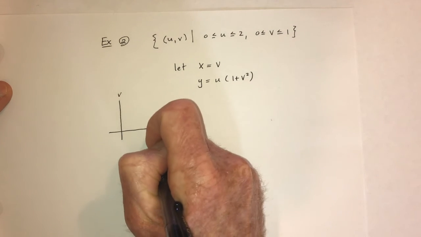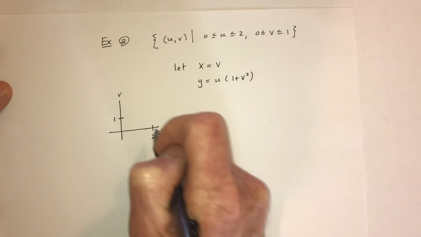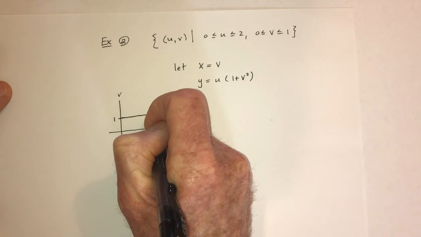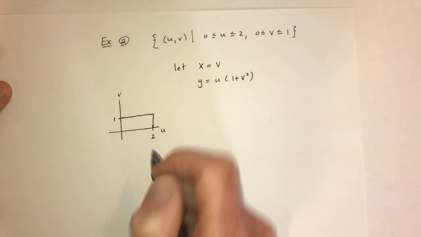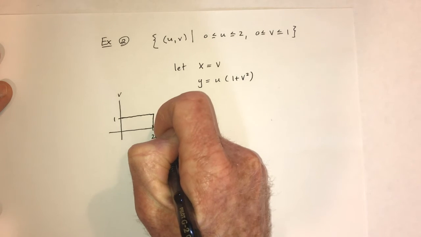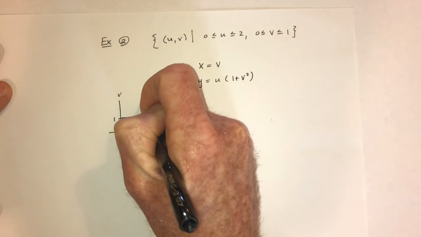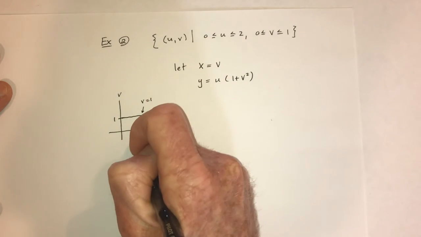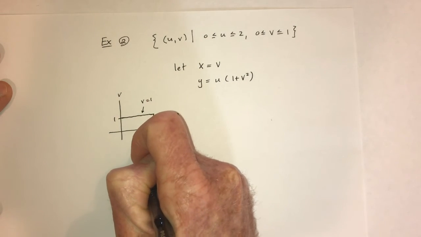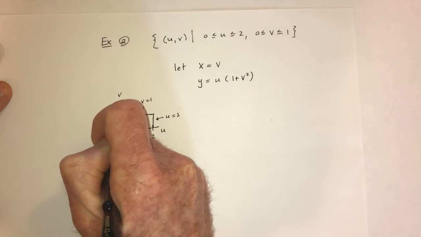That's going from 0 to 2. And the v is going from 0 to 1. And so that makes a little rectangular box just like this. So this is the line u equals 2. This is the line v equals 1. This is the line v equals 0. And this is the line u equals 0.